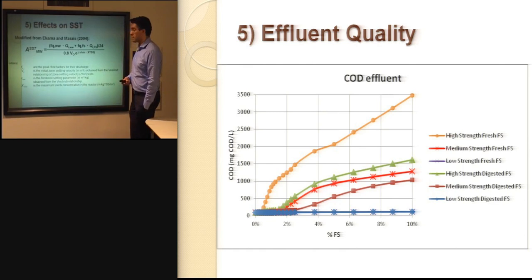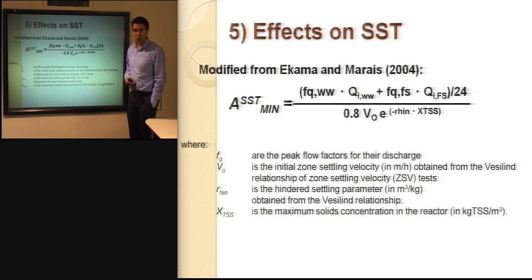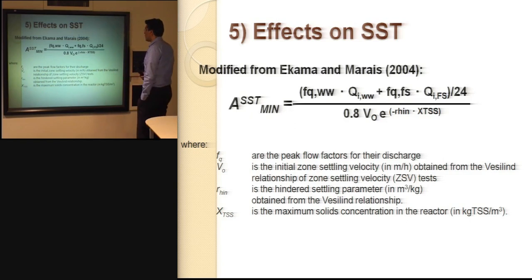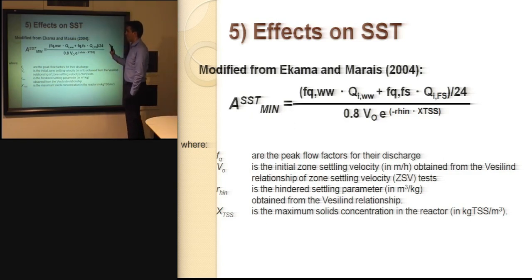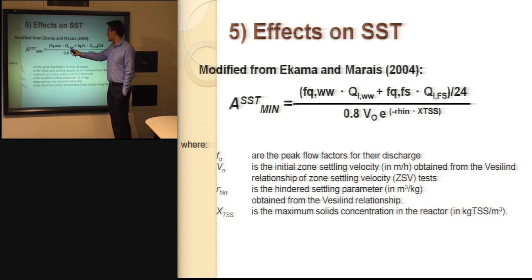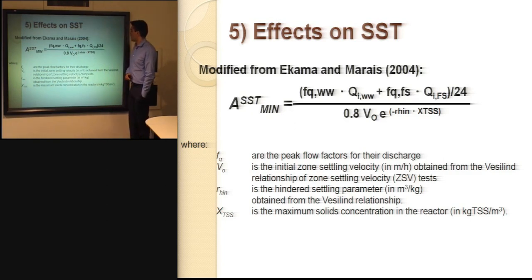In addition to this, you can say, okay, maybe another option is to try to make the secondary settling tanks larger to be able to cope with the increase in solids concentration. That can be computed based on this equation modified from Ekama and Marais, published in 2004, where we take into account the amount of wastewater treated, of fecal sludge treated, and the expected total solids concentration in the activated sludge tank.